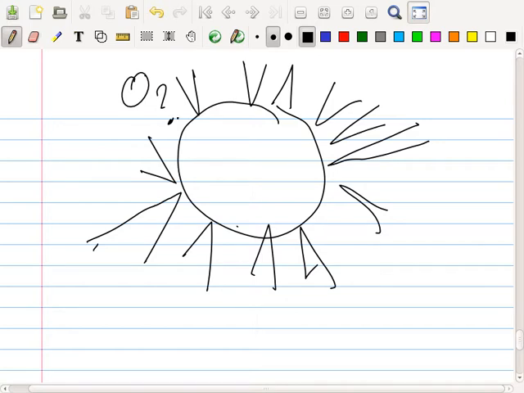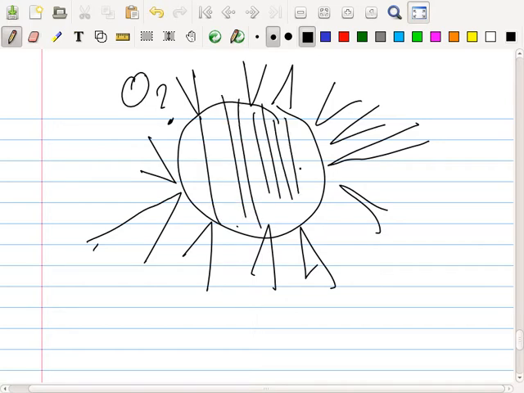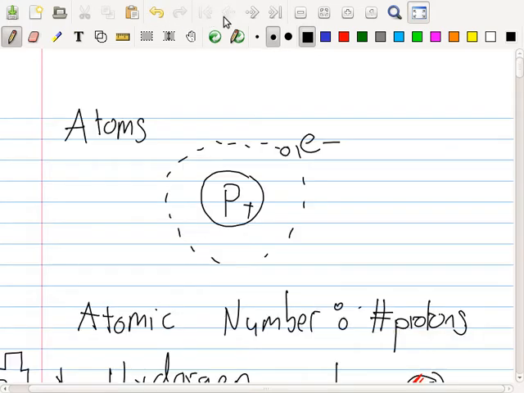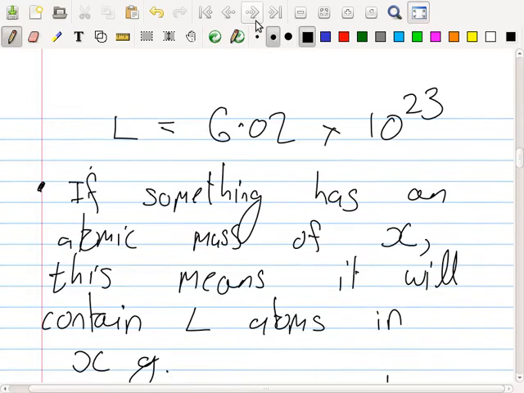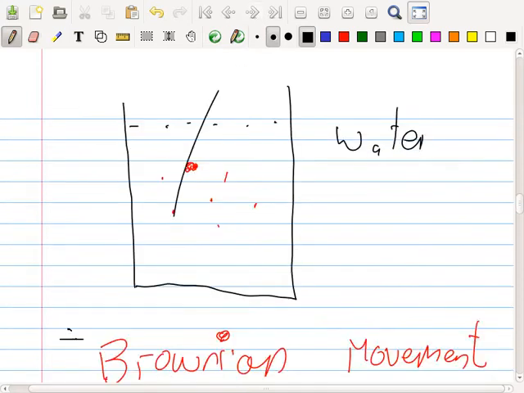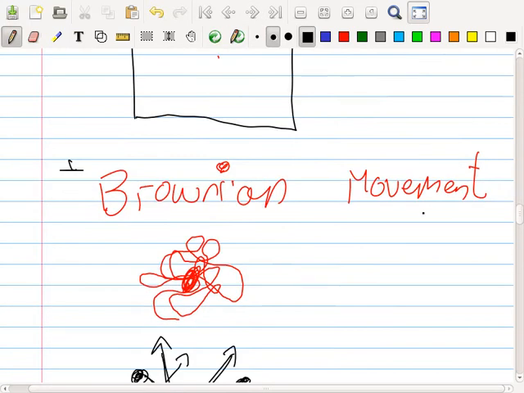It will go that way. But because this is so big and this is so small that you can barely see it, the v will be tiny. So you don't see it move. So you only have Brownian movement when it's very small.